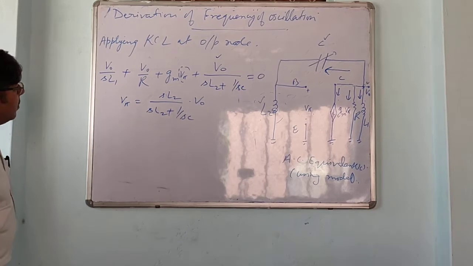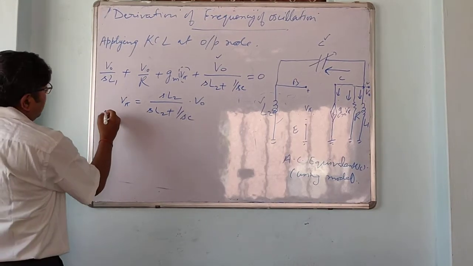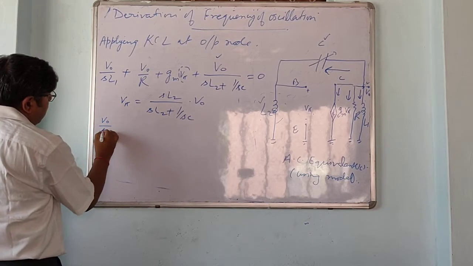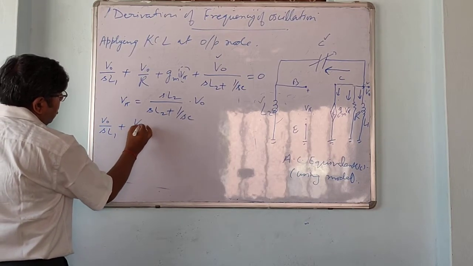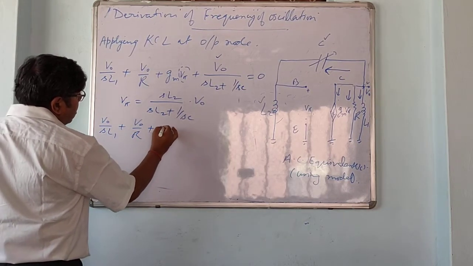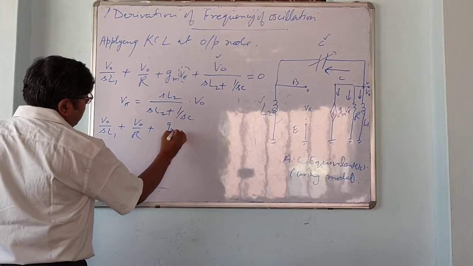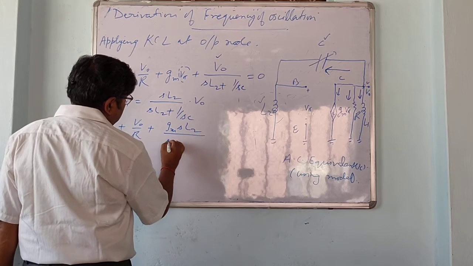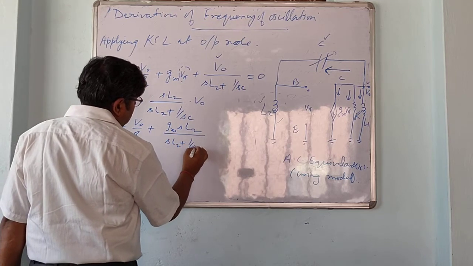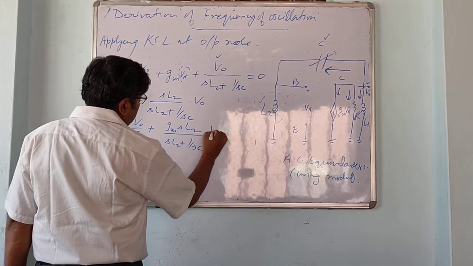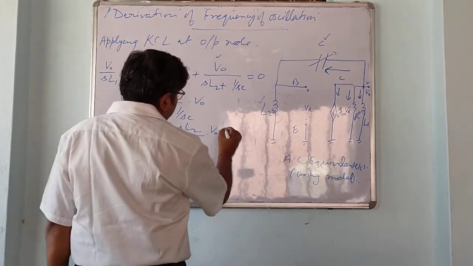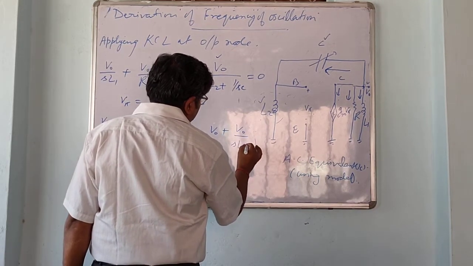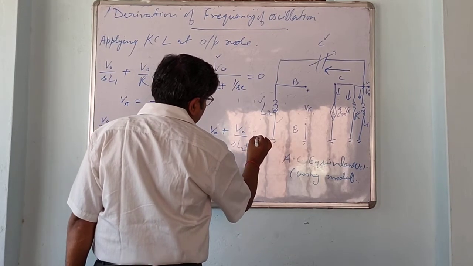Now you can replace V pi, and after replacing you can write V naught upon SL1 plus V naught upon R plus gm times SL2 upon SL2 plus 1 upon SC into V naught, plus V naught upon SL2 plus 1 upon SC, equals 0.